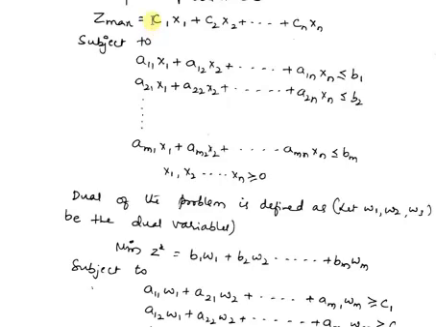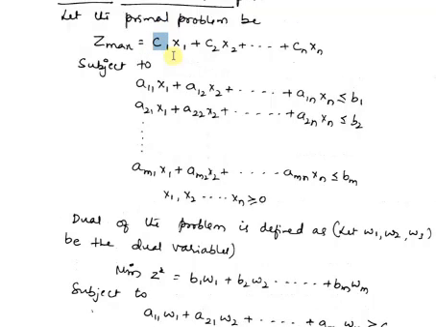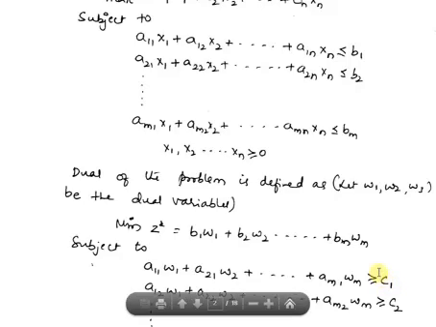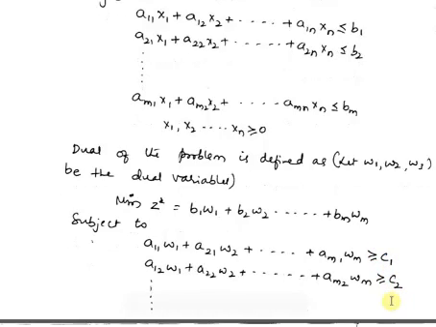For example, the coefficients in the primal problem, c1, c2 till cn, are nothing but the right hand side constants in the dual problem, c1, c2 and so on till cn.